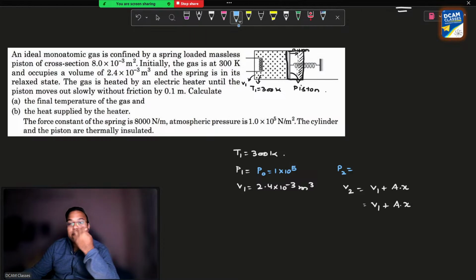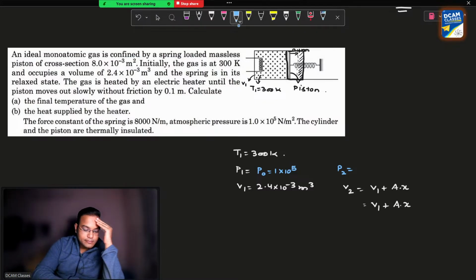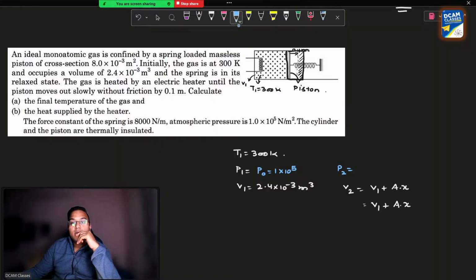Now the final pressure, how much will it become? The gas has expanded because of the heat, so the pressure should increase. What will be the pressure?